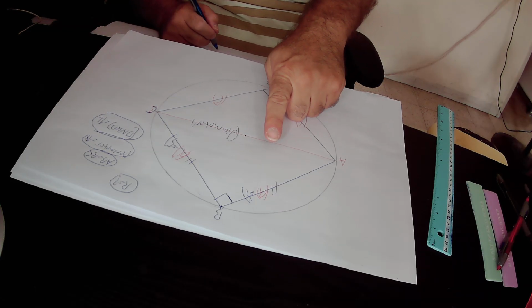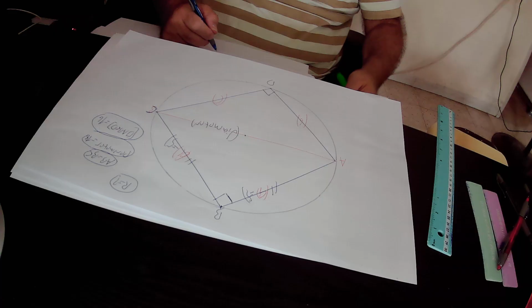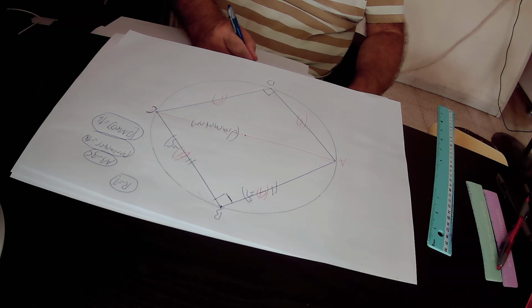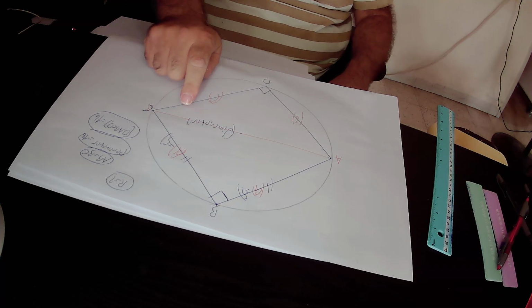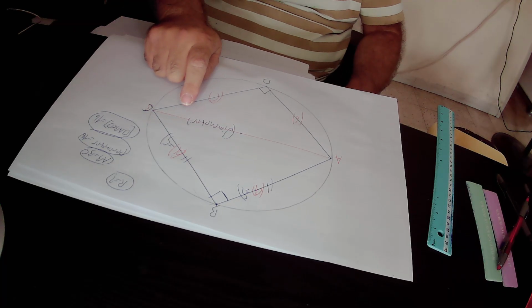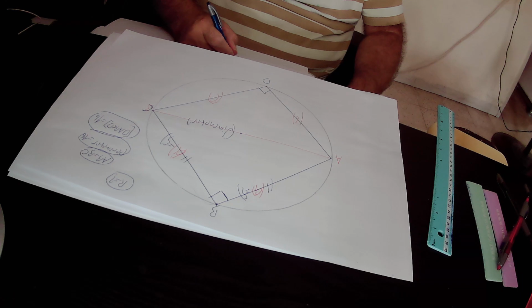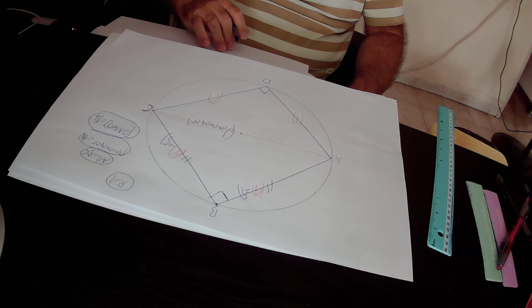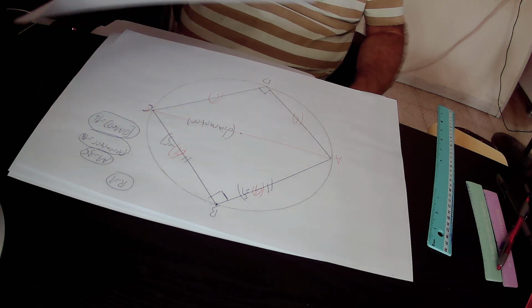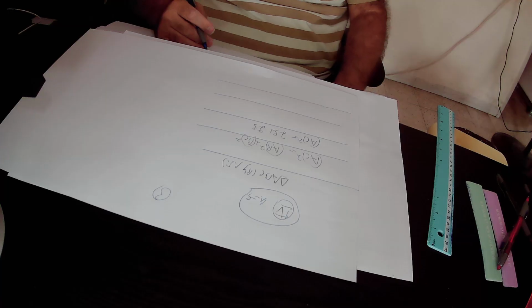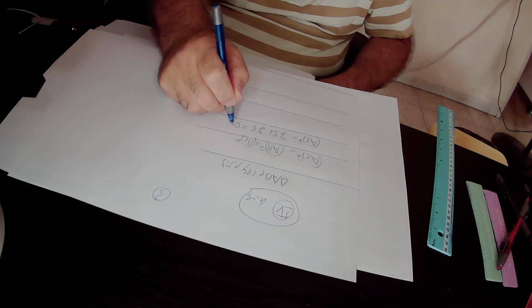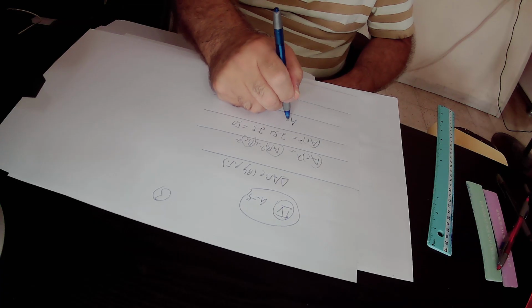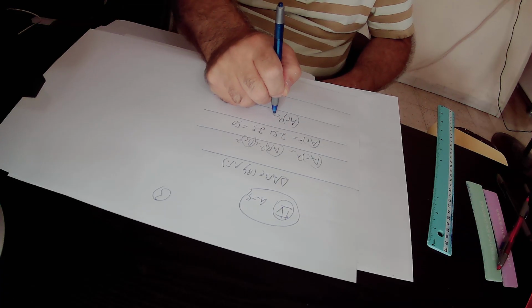AB is 5, therefore AB squared is 5 squared, that is 25, plus BC squared. BC is also 5, therefore BC squared is 5 squared, that is 25. So in total, AC squared equals 25 plus 25, that is 50.